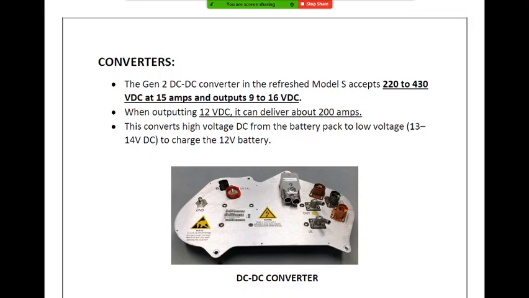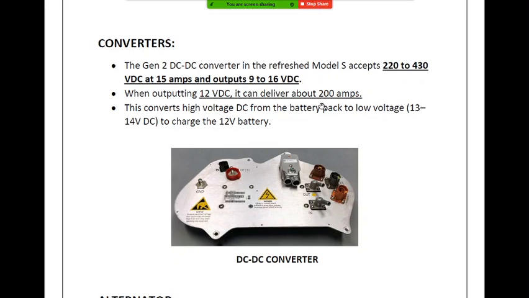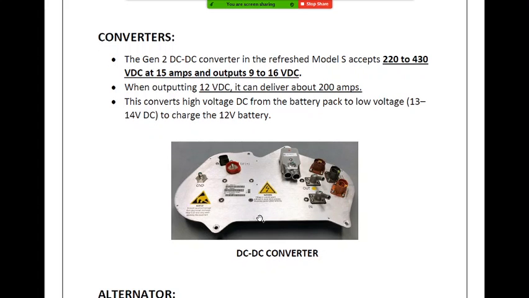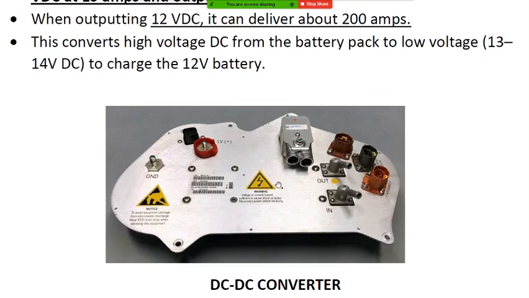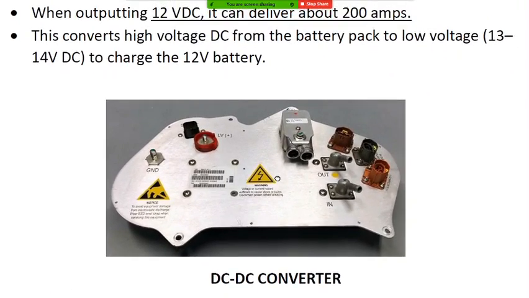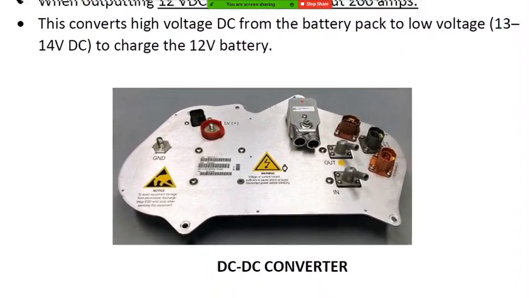So it accepts around 220 to 430 volts at 15 amps and gives an output of around 9 to 16 volts DC. So this is the converter which is used in the Tesla Model S. If you could see the picture closely, let me zoom in on the picture. This is the converter which is used in the Tesla Model S.